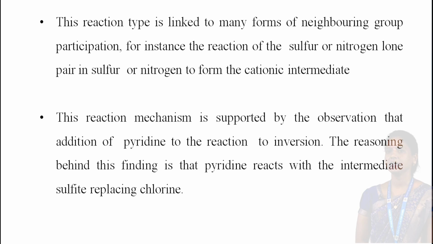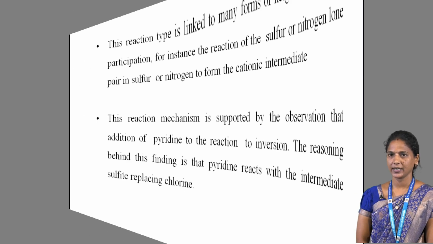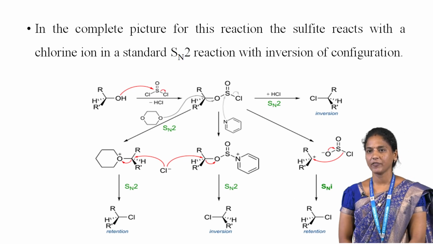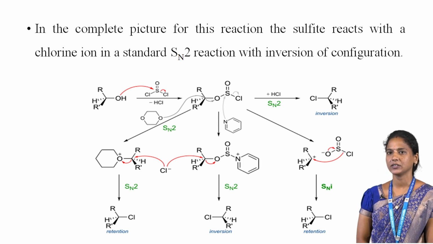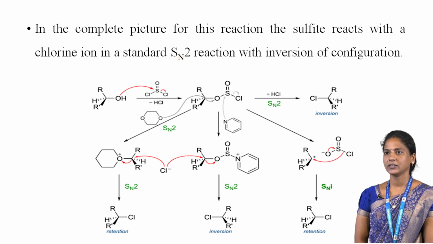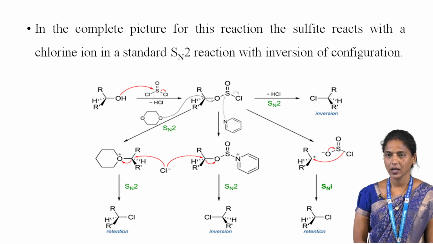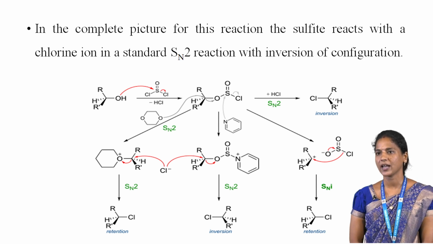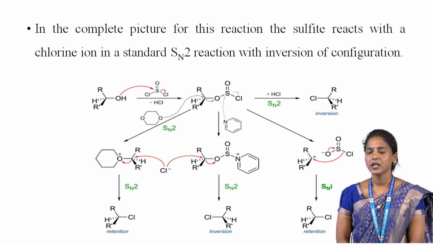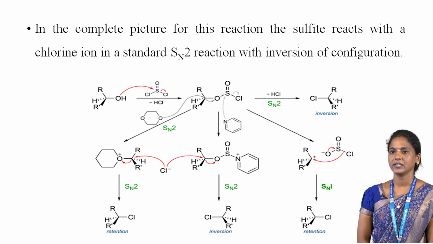The reasoning behind this is that the pyridine reacts with the intermediate sulfite, replacing chlorine. In the complete picture for the reaction, the sulfite reacts with the chloride ion in a standard SN2 reaction with inversion of configuration. When the solvent is also a nucleophile, such as dioxane, two successive SN2 reactions take place, and the stereochemistry is again retention.